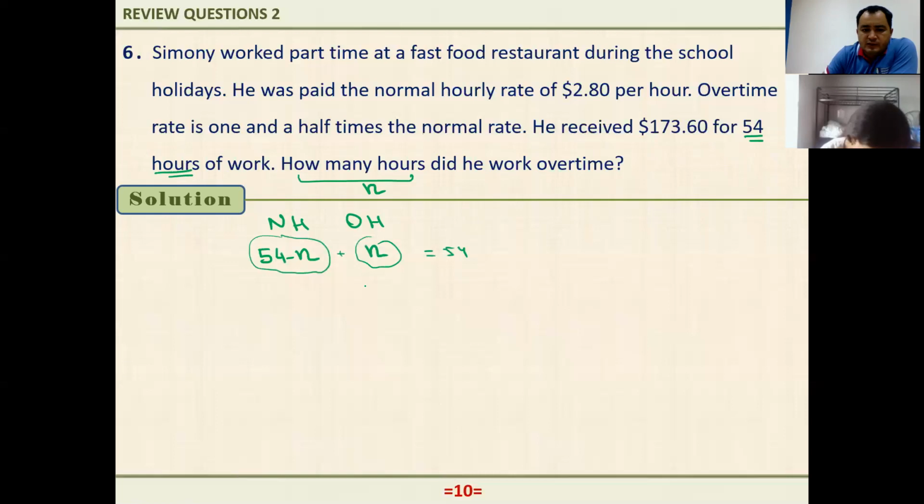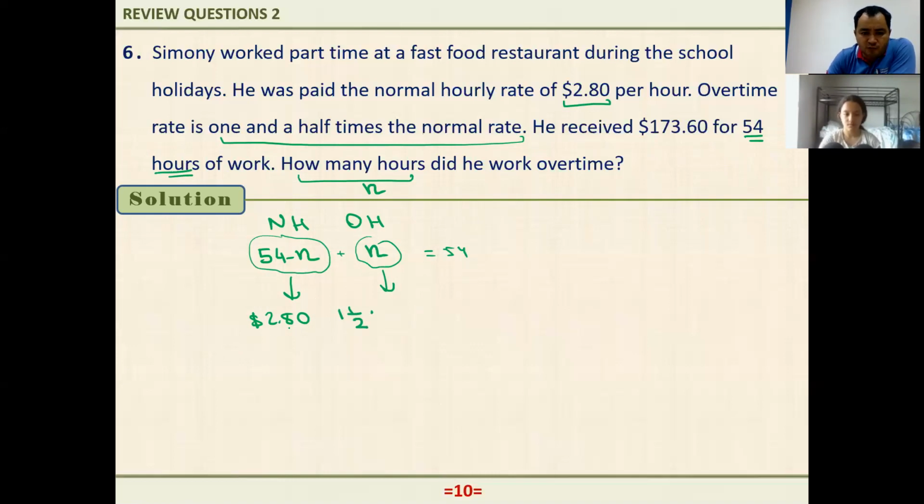Okay? So now for normal hours, what is the rate? It is $2.80. And how about for overtime? For overtime, it says 1.5 times the normal rate.